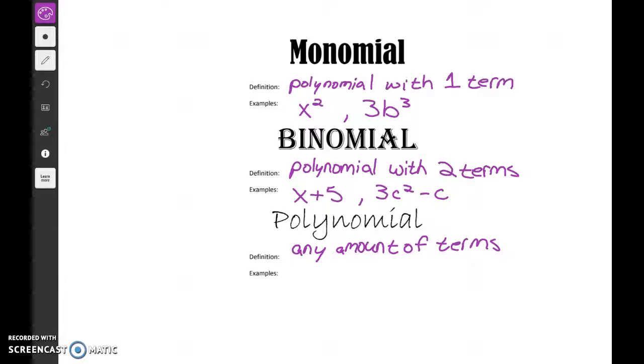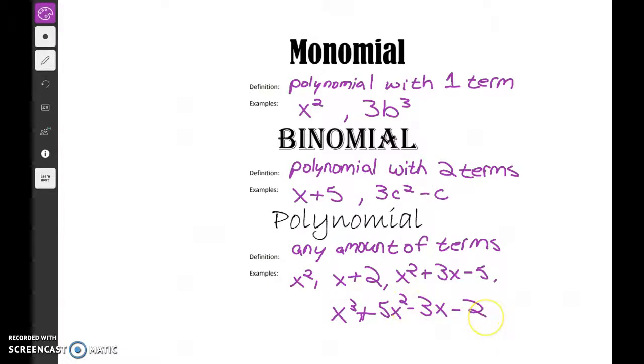Some examples of a polynomial would be x squared, which is also a monomial, x plus 2, which is also a binomial, x squared plus 3x minus 5, which is a trinomial, or we could even have four terms, x cubed plus 5x minus 3, let's do x squared, minus 3x minus 2. That would be an example of a polynomial with four terms.